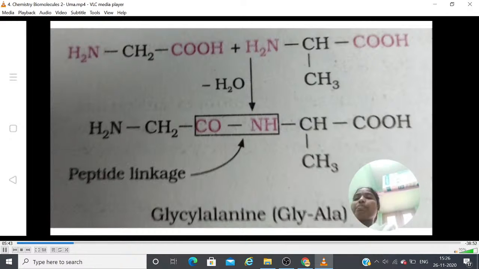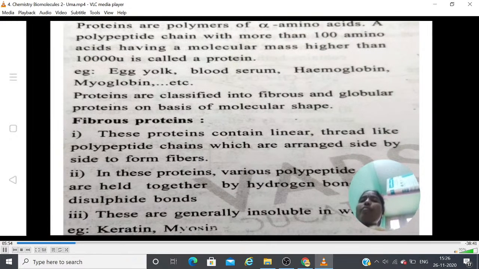Okay, next, what is the structure of the proteins? Let us discuss the structure of proteins. Proteins are polymers of alpha amino acids. We already know proteins are polymers of alpha amino acids.